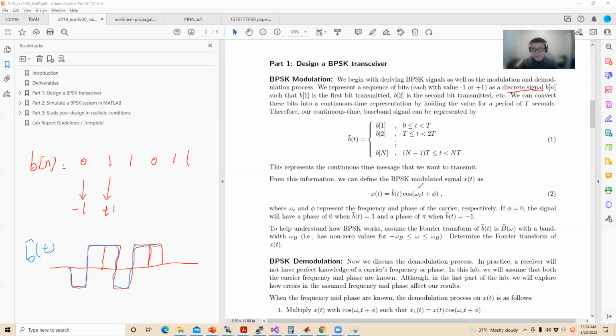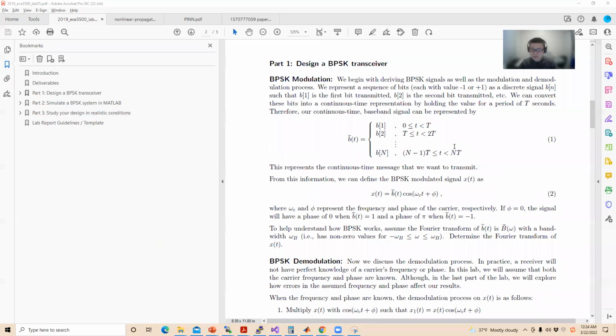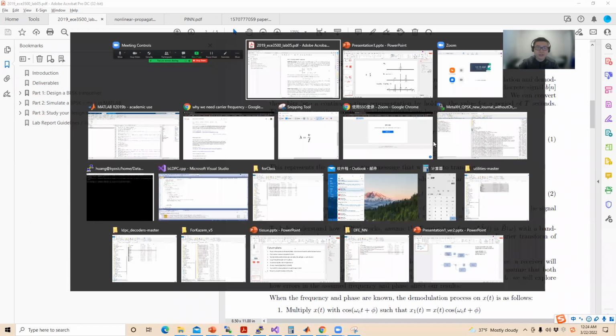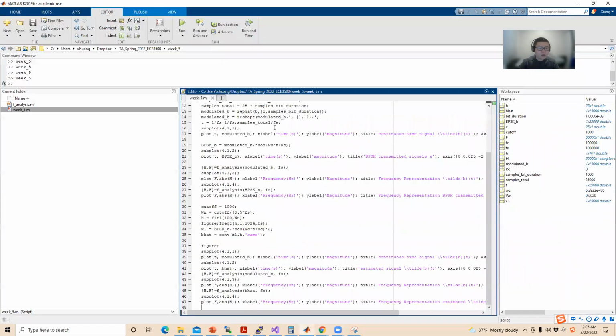So this omega c is the radian frequency, and since we know omega c equals 2 pi times fc, this fc is the carrier frequency. Okay, that's how it works. Now let me show how it will work in our MATLAB work.